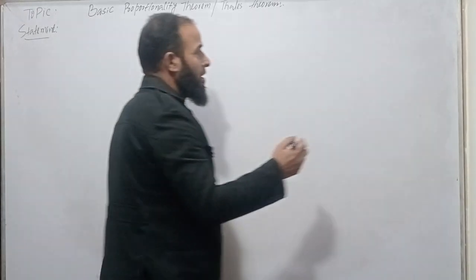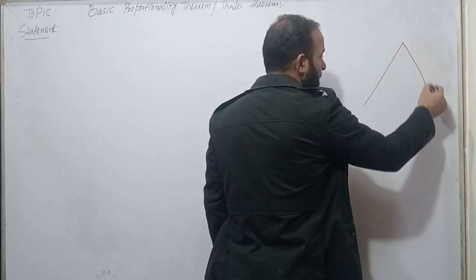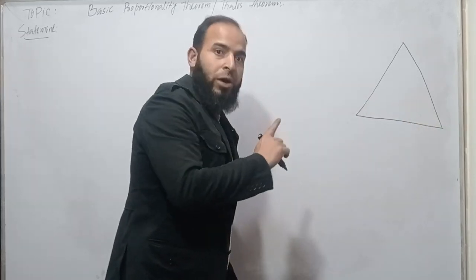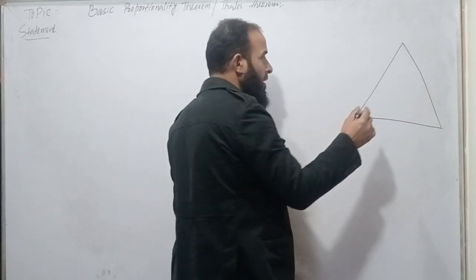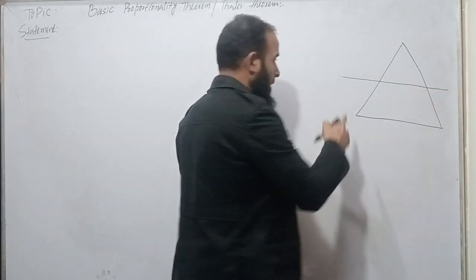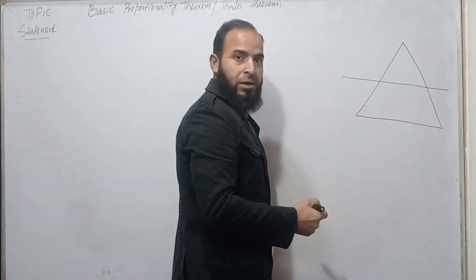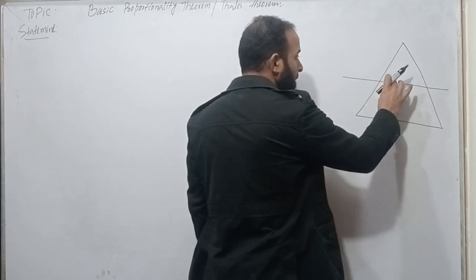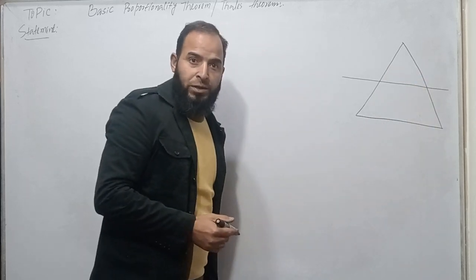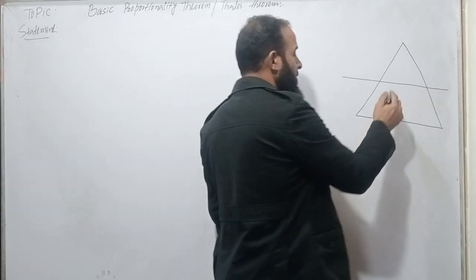First, I will show you with the help of a figure. This theorem states that if a line is drawn parallel to one side of a triangle to intersect the two sides at two distinct points.